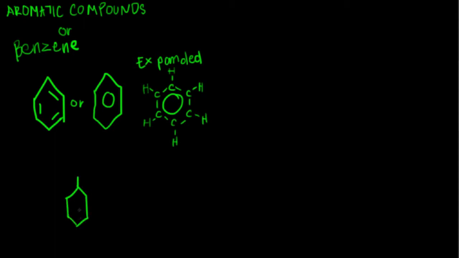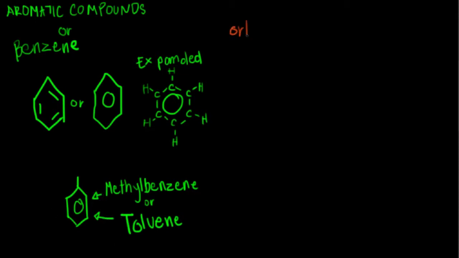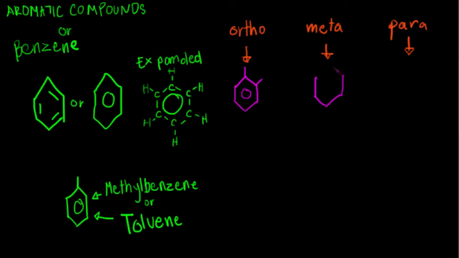If there is only one substituent in the benzene compound, we will use methylbenzene. But if there are two substituents present in the benzene, we're going to use these common names: ortho, meta, and para. We use ortho if the two substituents are located in the first and second points of the benzene.